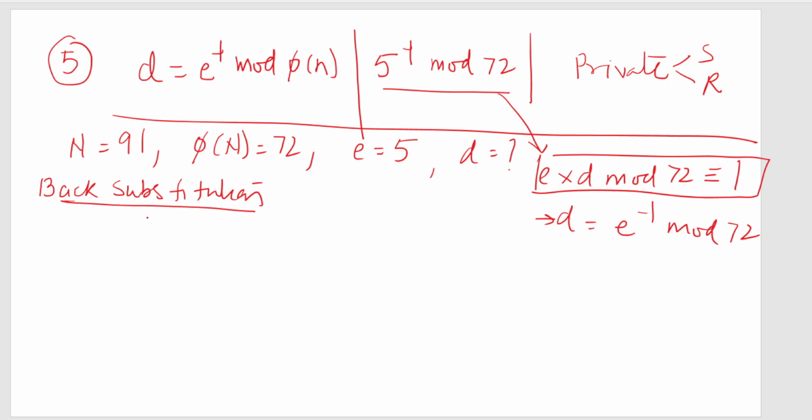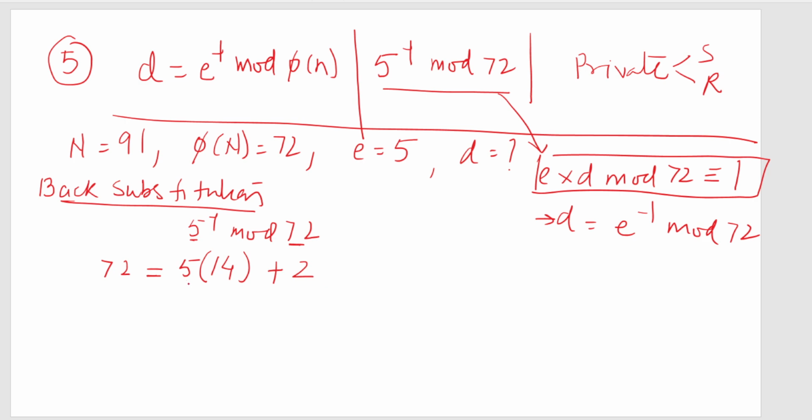So in back substitution, if we have something like 5 inverse mod 72, this is the modulus and this is the number that we want to find the inverse of. So we will write the equations like this: the modulus should be divided in terms of the number. 5 times 14 is 70, plus 2 is 72.